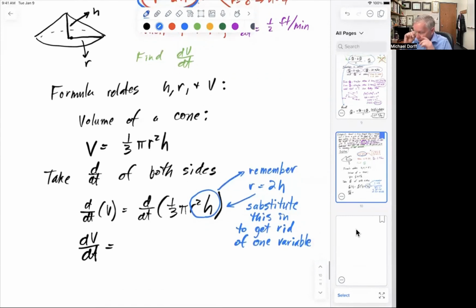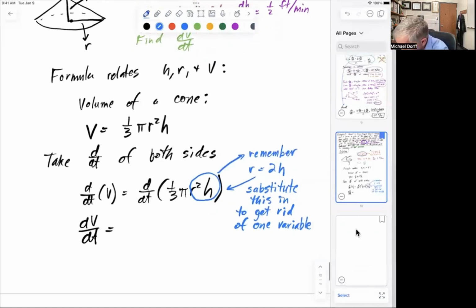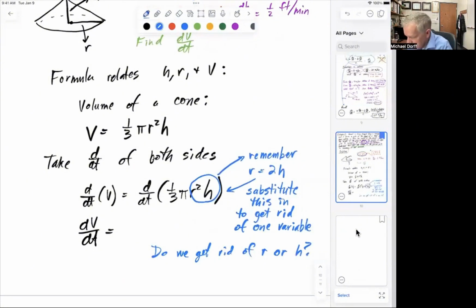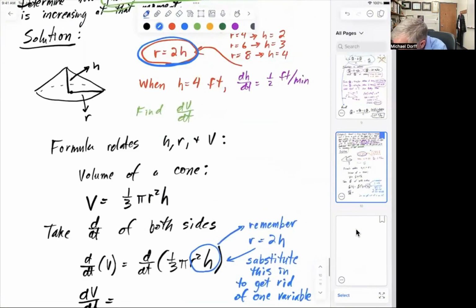All right. So now the question is, which one do we want to get rid of? Do we get rid of r or h? That's really important. Well, let's go back and look at what we're given here. If I look at my problem, we have r equals 2h. We have 8 when h is 4, dh/dt is 1/2.